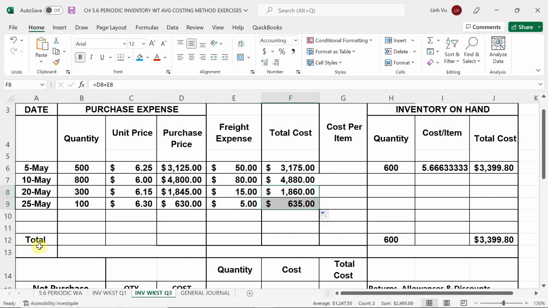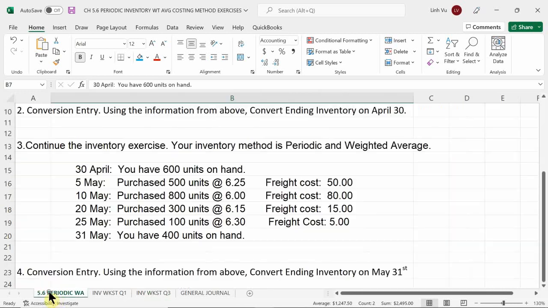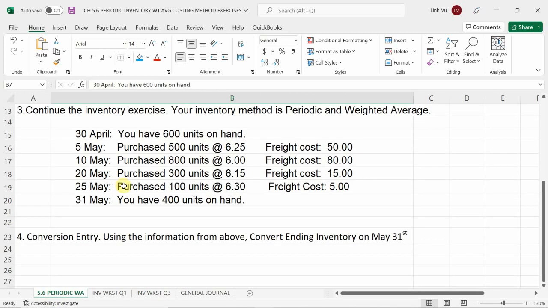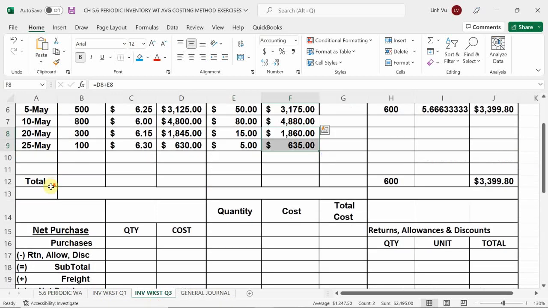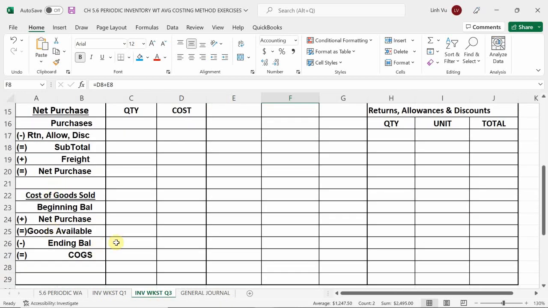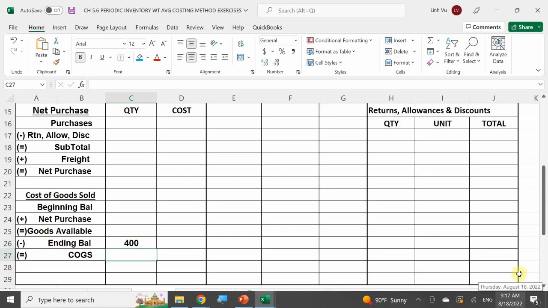Okay, and let's see what else. The last thing you have here is May 31st. You have a total of 400 units on hand. So the ending balance is going to be 400.